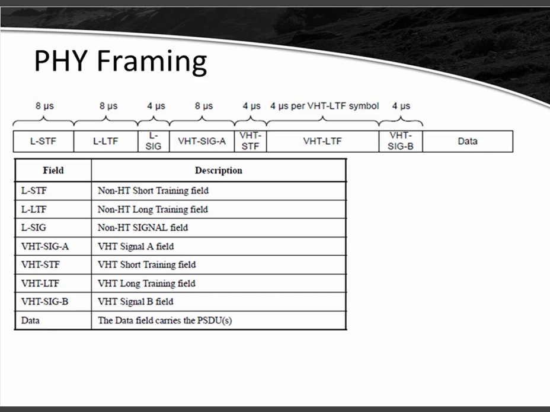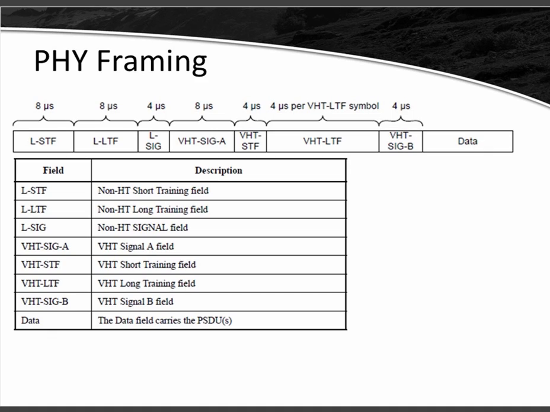Okay, so it's telling you there's a short training field for 8 microseconds, a long training field for 8, then there's a non-HT signal field for 4 microseconds. Those first 3 fields are backward compatible all the way to 802.11a, which is all that matters in 5 gigahertz.